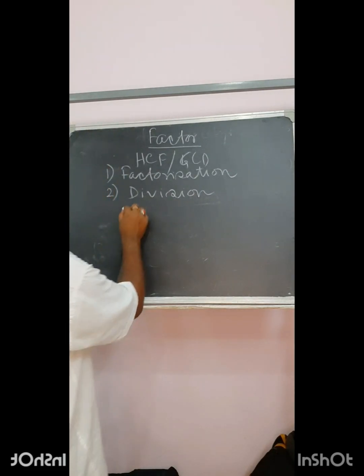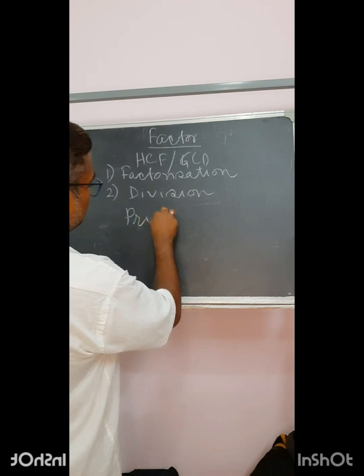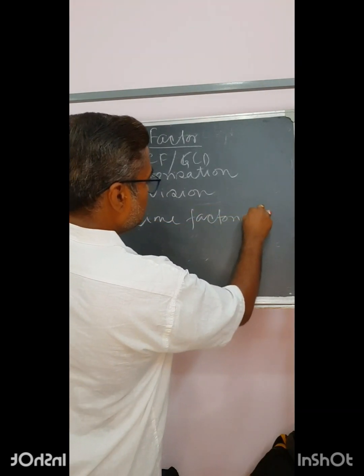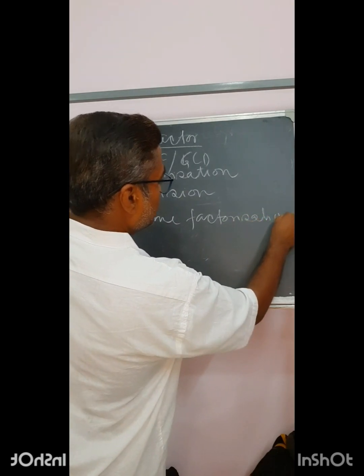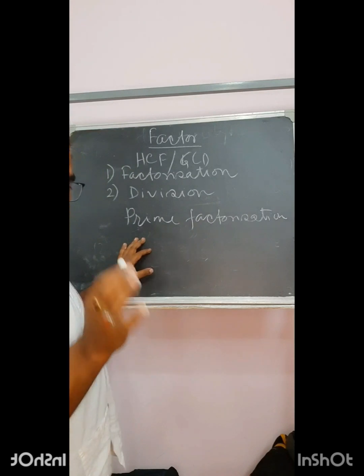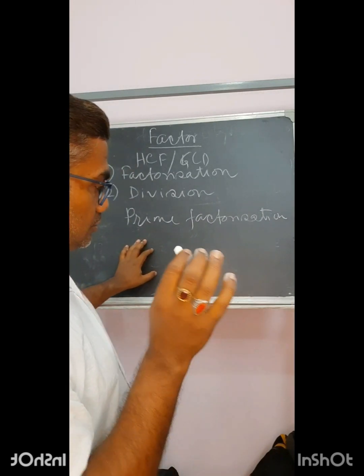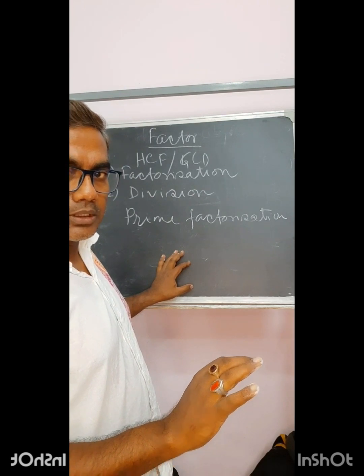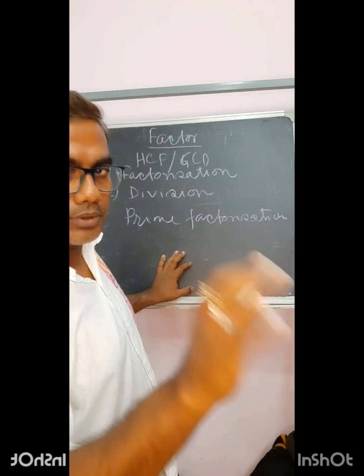Prime factorization means I have to divide the given number starting from the smallest prime number till I get 1.